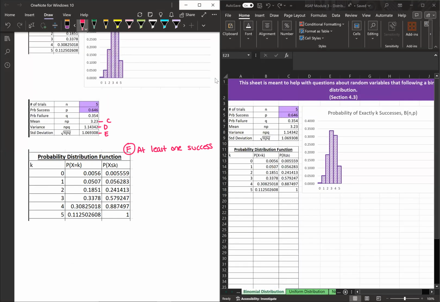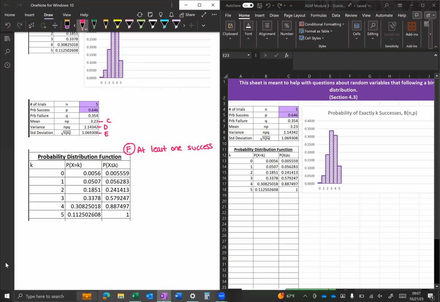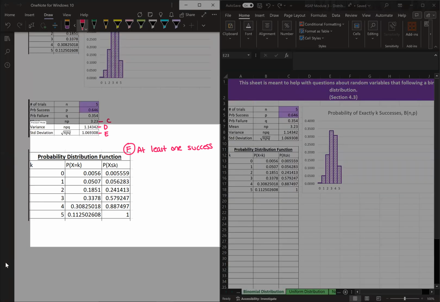There's two ways you can think about this. The first way is you can just say that is the same thing as one or more. So you could grab this plus this plus this plus this plus this, and then just add them all. Because at least one means one or more.